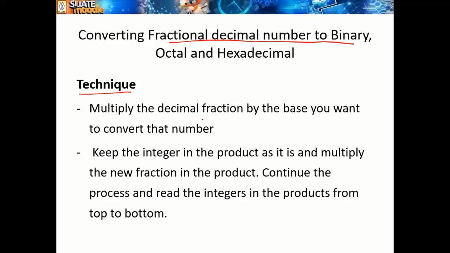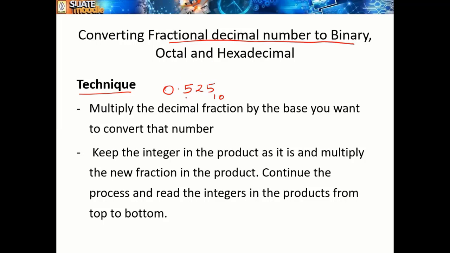This is the technique: multiply the decimal fraction by the base you want to convert that number to. For example, let's take 0.525 in base 10.